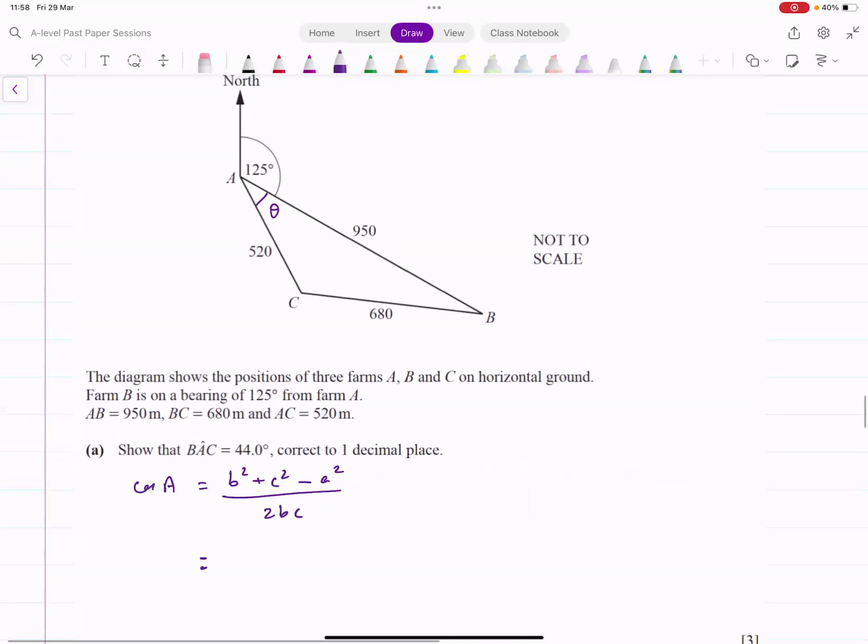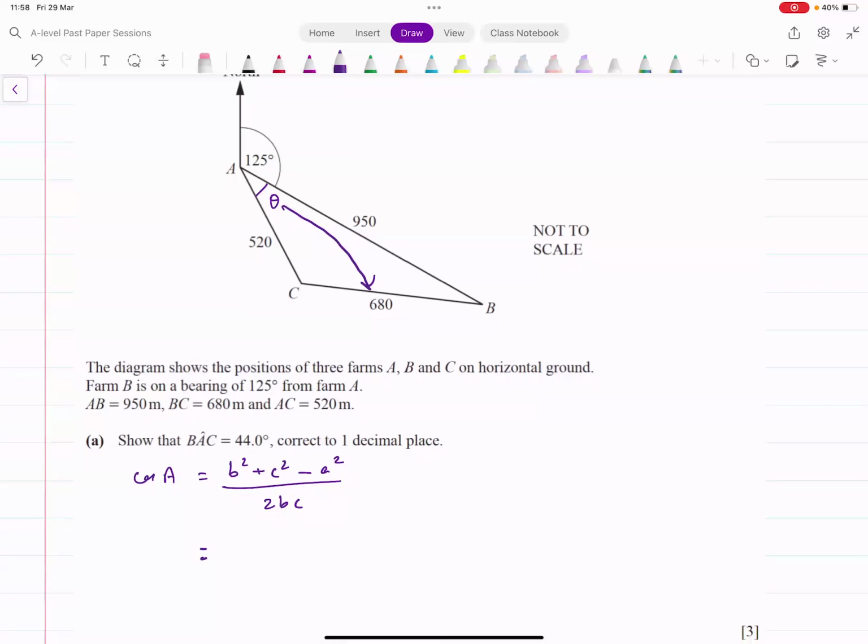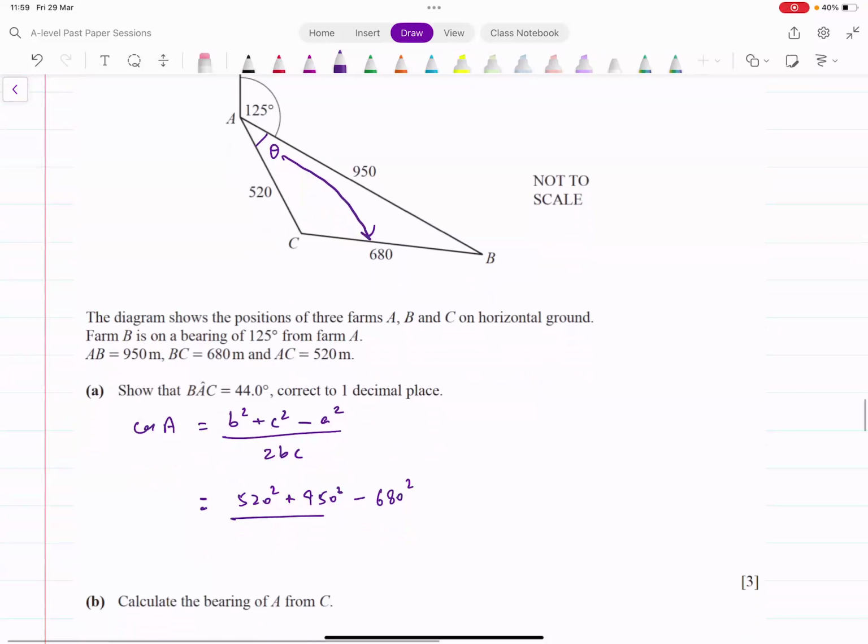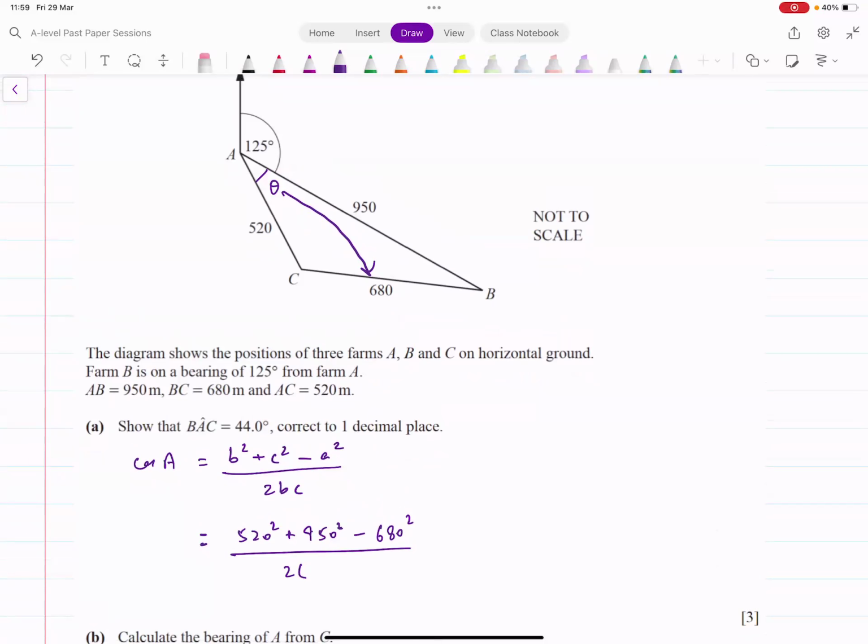If you were to use that, because you're looking for angle, let's see what we get. What's the side opposite to this? 680. All right, so 680 is going to be A. B and C are the other two sides. So that means 520 squared plus 950 squared minus 680 squared, whole divided by 2 into B into C, that's 520 into 950.